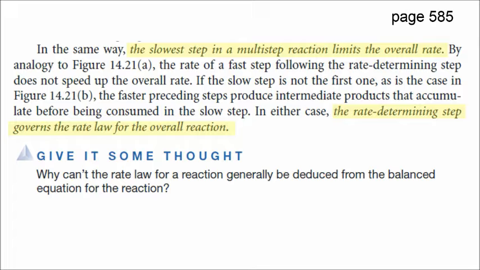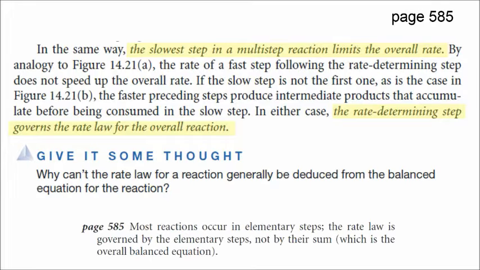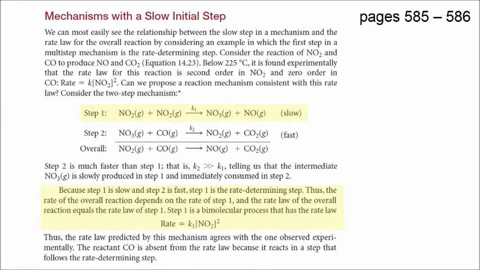And in the give it some thought question, why can't the rate law be deduced from the balanced equation for the reaction? And the answer to that question, which is in your book, is that most reactions do occur in elementary steps, and the rate law is coming from the elementary step, that's the slow step, not from the overall balanced chemical equation. So we're not focusing on anything except the slow step.